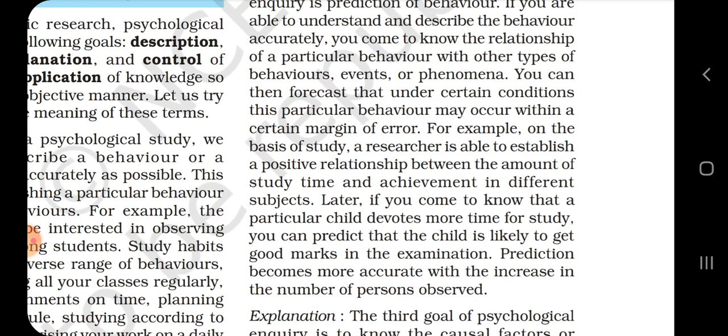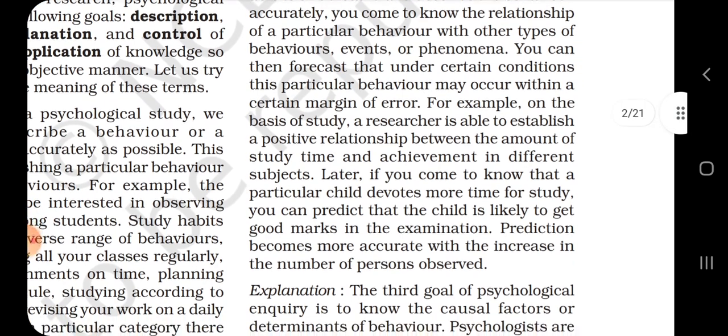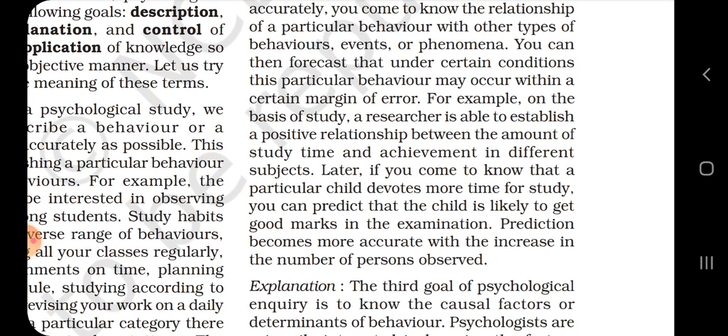For example, on the basis of study, a researcher is able to establish a positive relationship between the amount of study time and achievement in different subjects. Later, if you come to know that a particular child devotes more time for study, you can predict that the child is likely to get good marks in the examination.